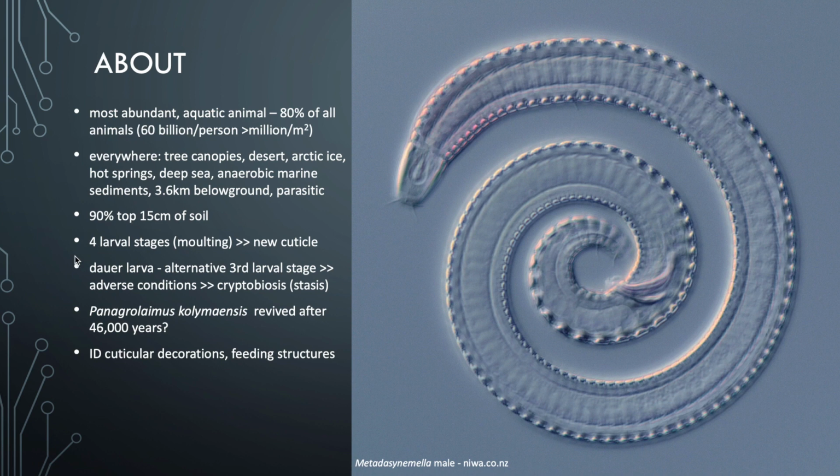So they hatch from eggs, but their life cycle involves 4 different larval stages where they molt their cuticle, or the outer skin, and grow a new one when they become larger. They also have a survival stage called the dauer larva, which is the alternative third larval stage, where they protect themselves from adverse conditions by going through a stasis stage, and we call this stage cryptobiosis.